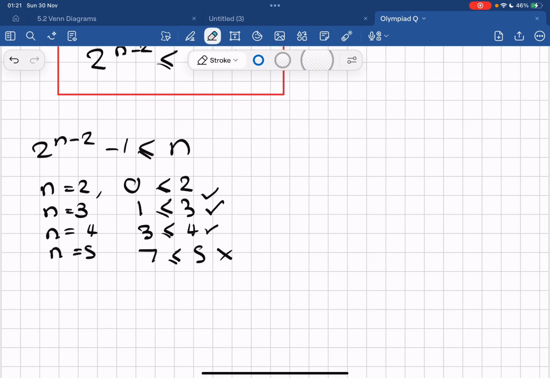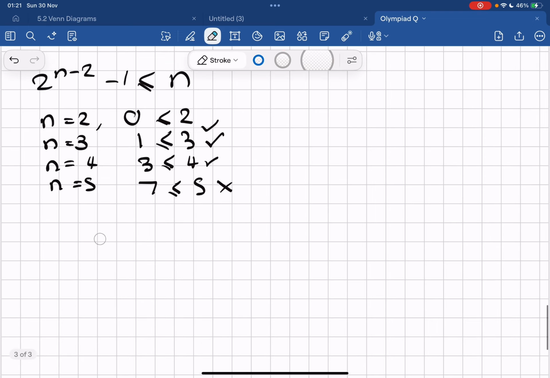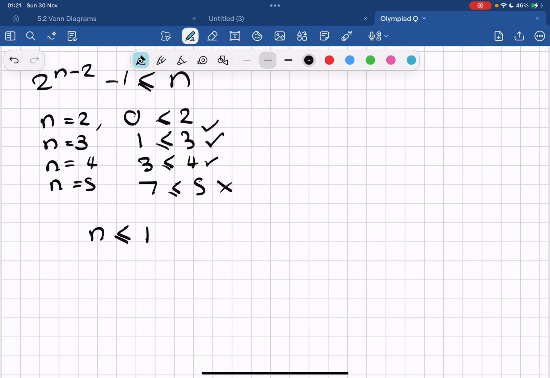And as we take a really large value of n, let's take 500, we know 2 to the 498 minus 1 is obviously larger than n, 500. So this inequality does not hold true for such large numbers. So we can say here n is less than or equal to 4 for this inequality.